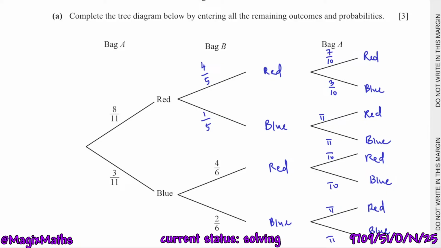Now for the case in which the second attempt was blue, the one blue marble is put into bag A. So we have previously 3, it goes to 4, and red here it remains 7.